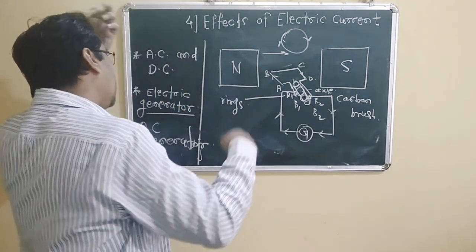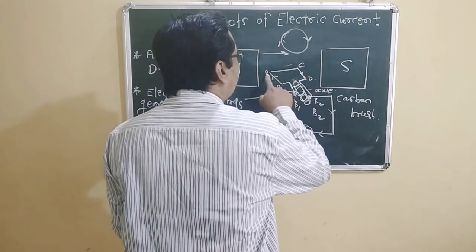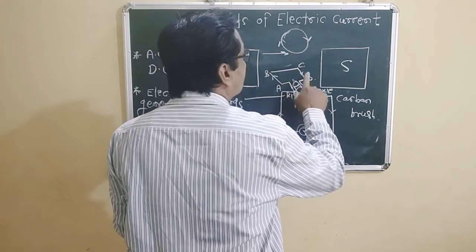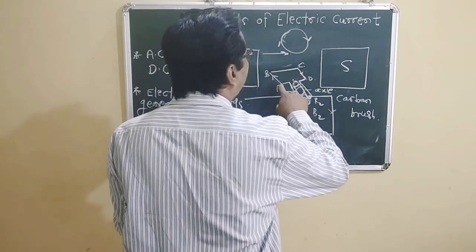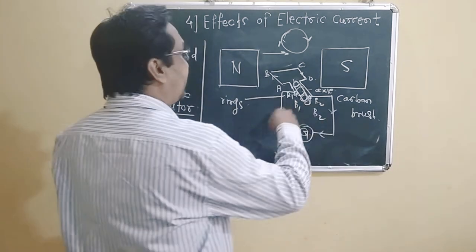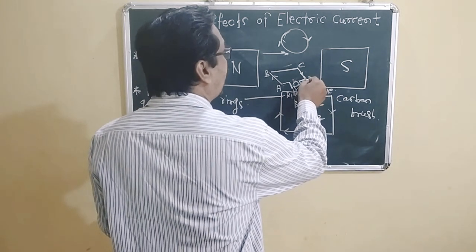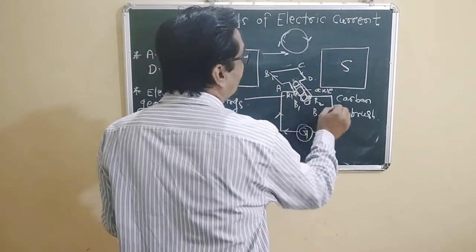But in the next half rotation, side DC comes here and side AB takes the place of CD. So the direction of current is DCBA, and at that time the current flows from B1 to B2.